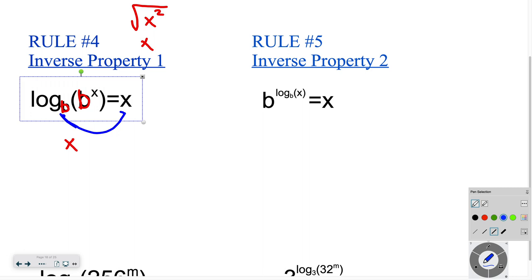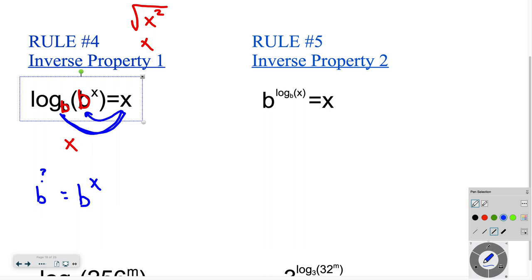Base b raised to this exponent is equal to the argument inside. So base b raised to what exponent is equal to the argument b to the x? Using the concept we just worked on in the warm-up, then the question mark must be what? That's just lightly justifying why this inverse operation works out.